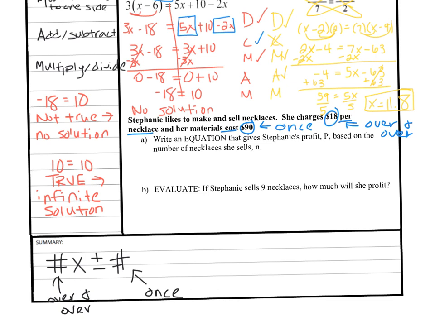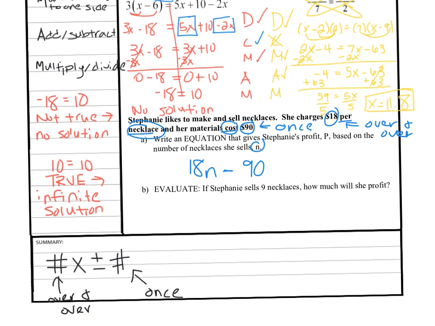So that means that the 18 will go with my variable. If I'm talking about necklaces, I have to use N. So it would be 18N. I don't know if it's going to be plus or minus yet, but I will know that it's going to be something $90. It says that it cost me $90, so a subtraction sign would show that.